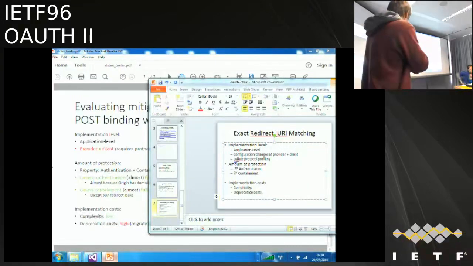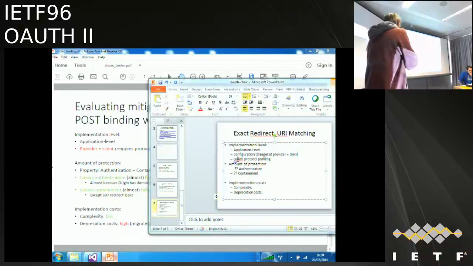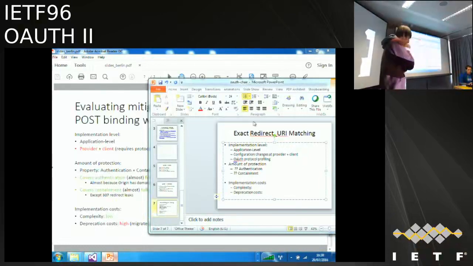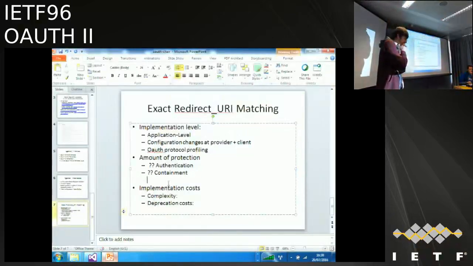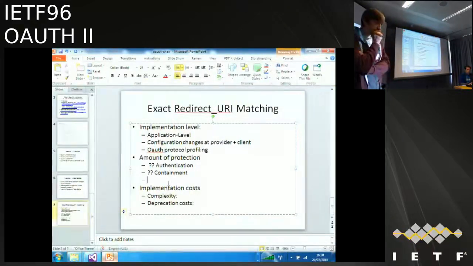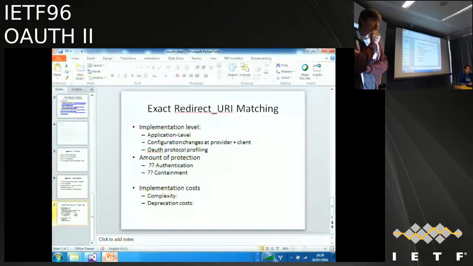Mike over there. Okay. Not on these slides also, I think, is the thing that the researchers in Trier had originally recommended, which was having per authorization server redirect URIs at the client.